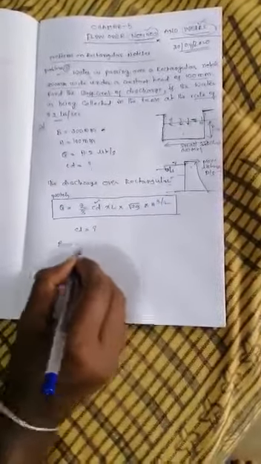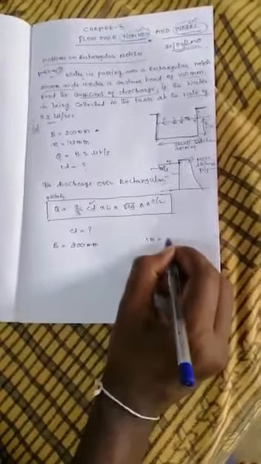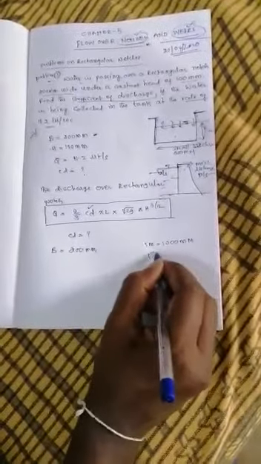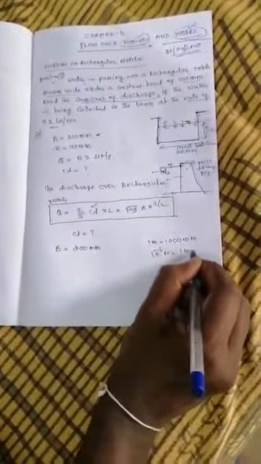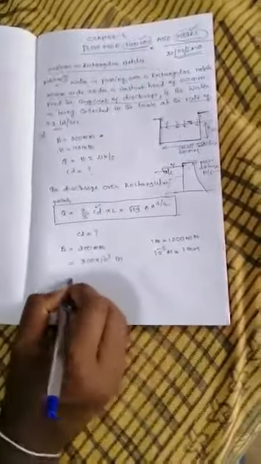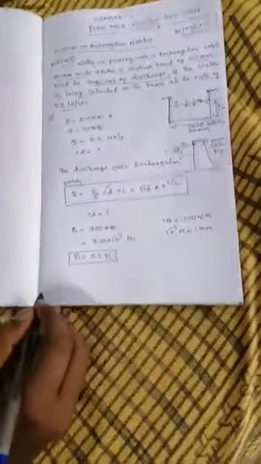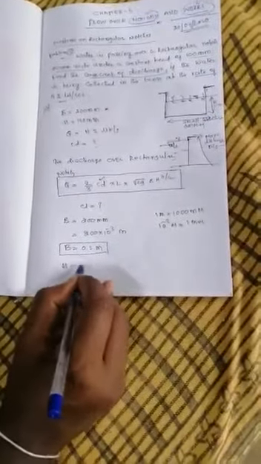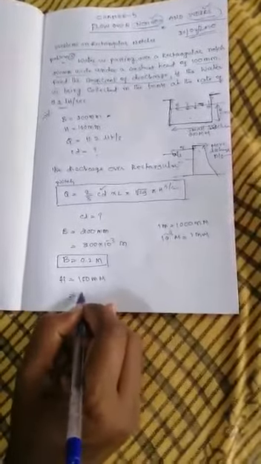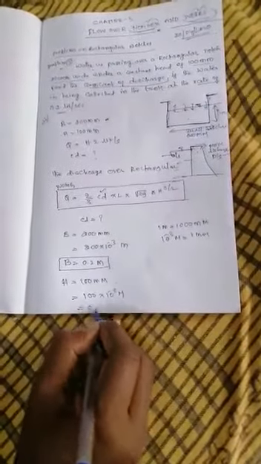B is equal to 200 mm. We know that 1 meter is equal to 1000 mm, so 1 × 10⁻³ meter is equal to 1 mm. So 200 into 10⁻³ meters means 0.2 meters is the width. Next, the head H is equal to 100 mm, so 100 into 10⁻³ meters, which is 0.1 meters.